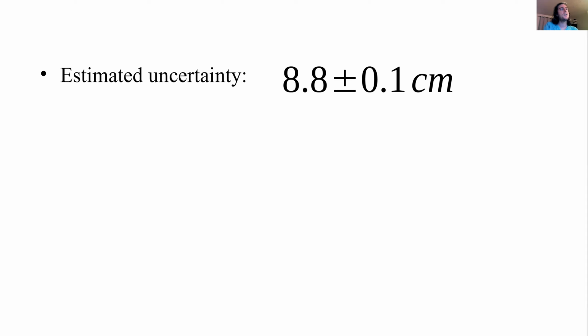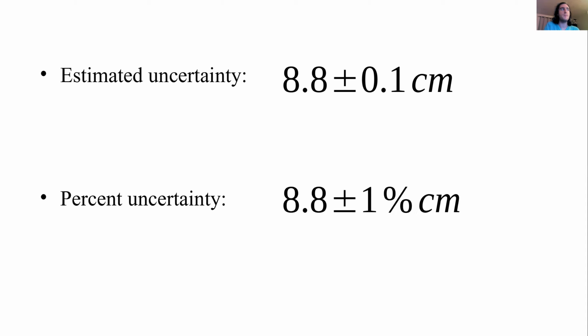Okay. In addition to this idea here of this plus or minus 0.1 centimeter, we also have the idea of a percent uncertainty, right? And hopefully this is not too big of a jump from what we've just shown. Percentage, right? You take the estimated uncertainty and just divide by the value that you actually measured, the 8.8, then multiply by 100%, right?